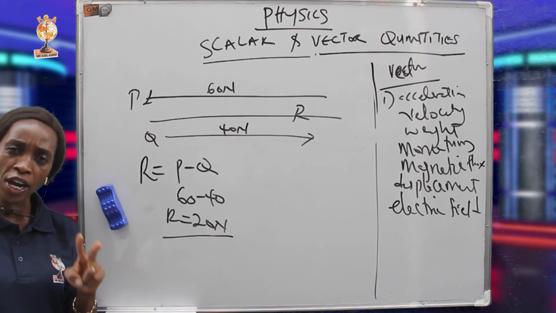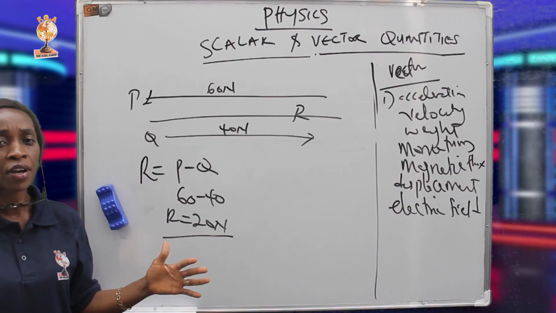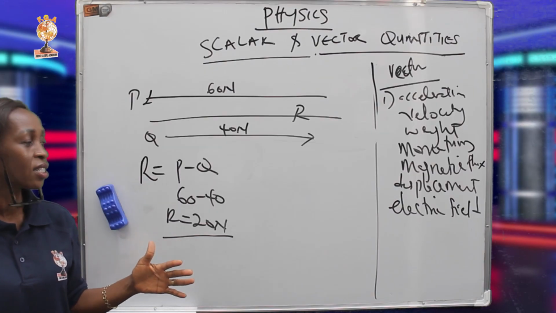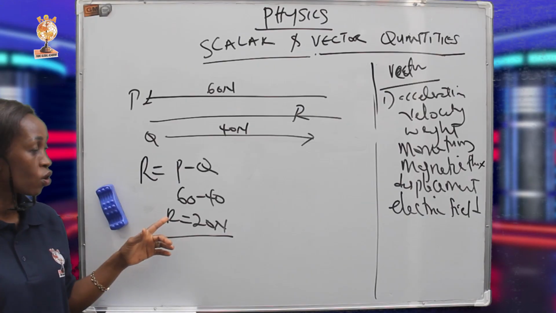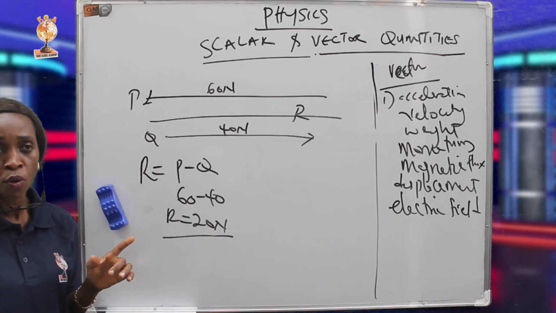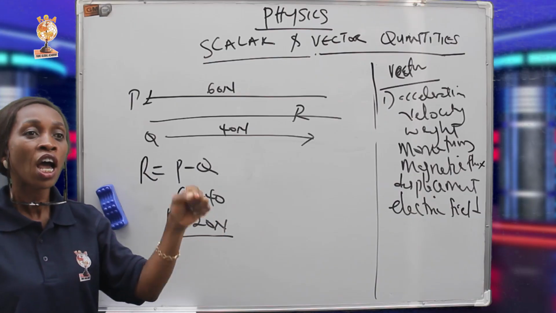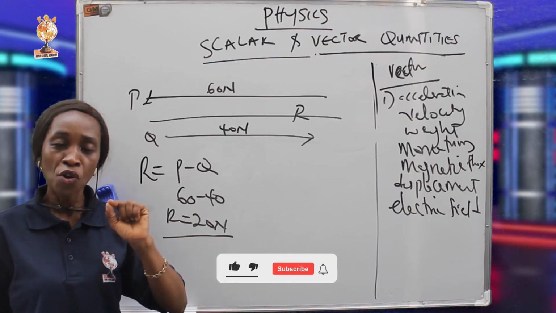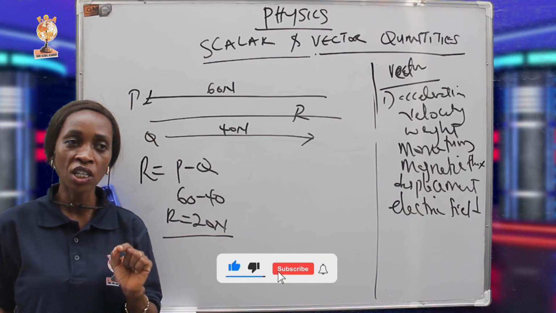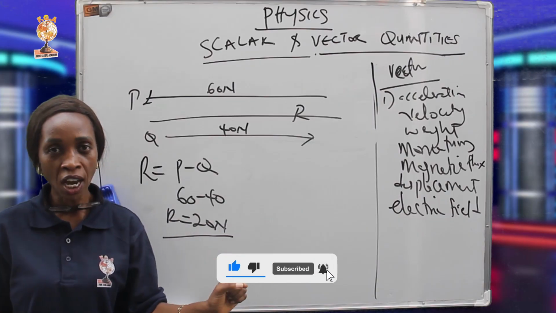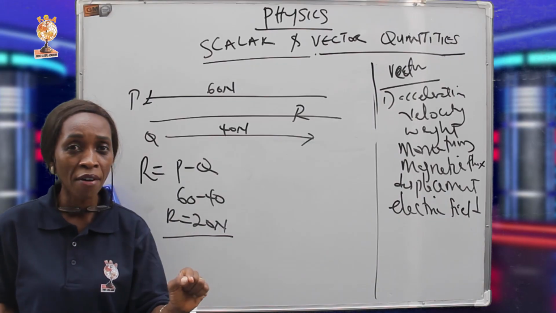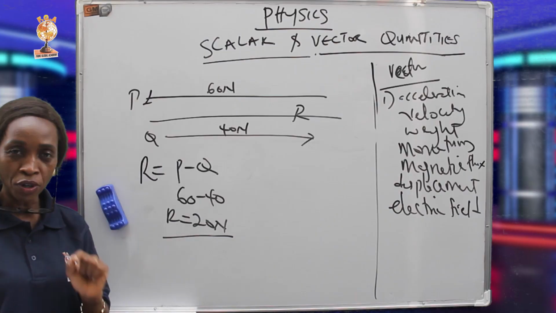Two vectors in the opposite direction, you subtract; two vectors in the same direction, you add.